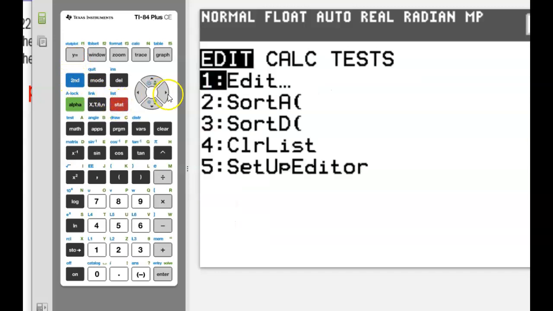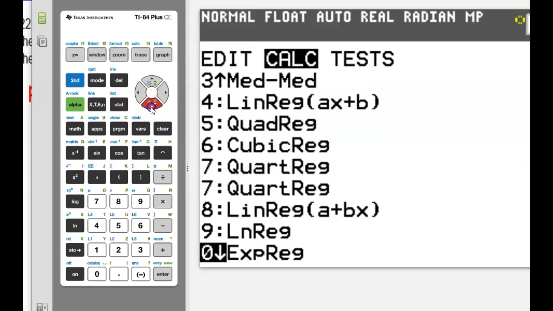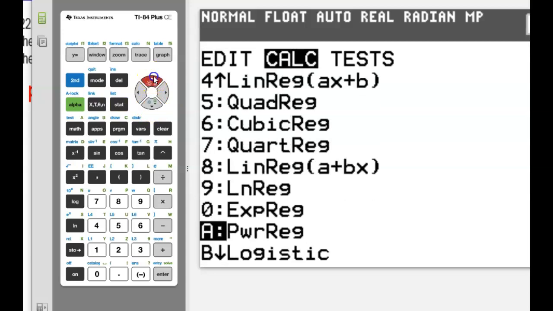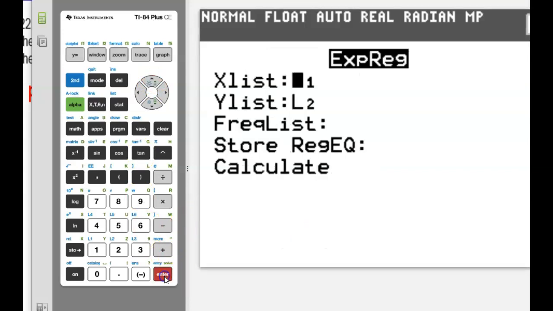What you want to do is go stat, right arrow, exponential, which is down a little ways, right? To 0. Make sure you're using the right one. And then yours should be list 1 and list 2. Mine are list 3 and list 4. And then make sure you store the regression equation.